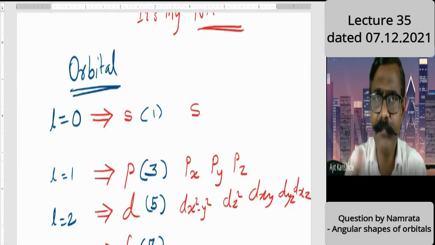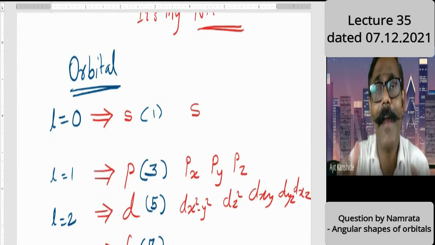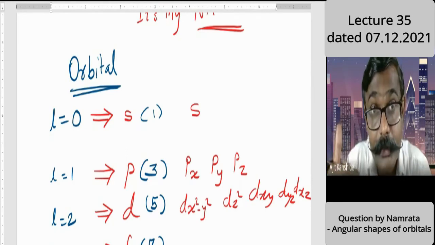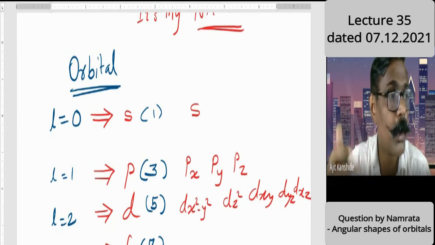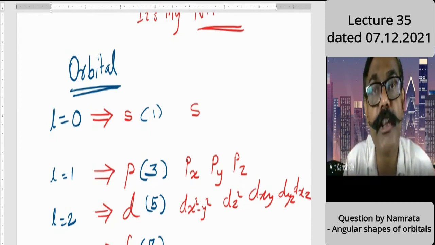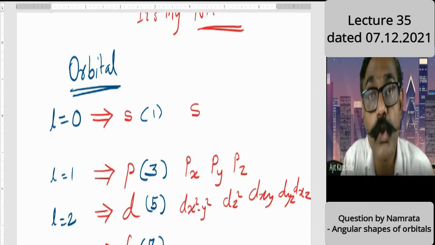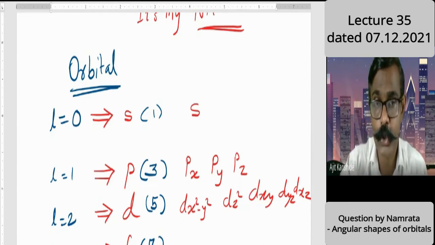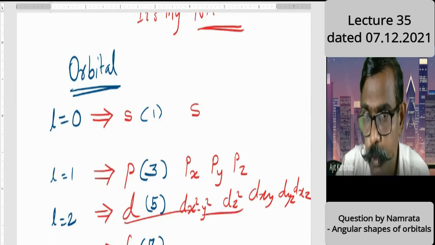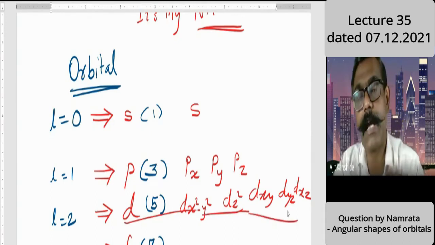Like that, 5. For f, the order of that equation will be 3: x cube, z cube. In that, complicated nomenclature is there, so I don't want to confuse you. So up to d, you come to know these are the orbitals.